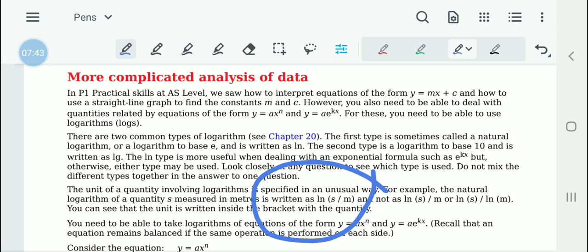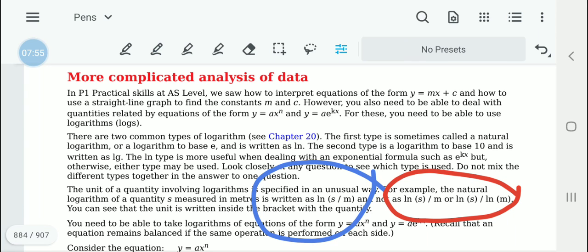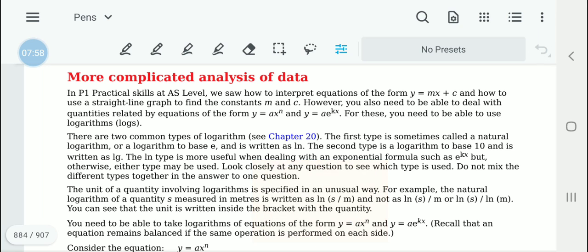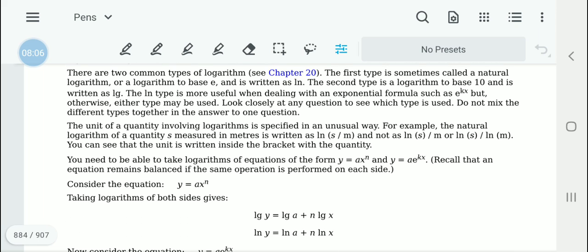This is how you present it. The other forms are not the way to write it. So please make sure that you know the correct format for expressing these things. The unit is written inside the bracket with the quantity, so you need to understand that.